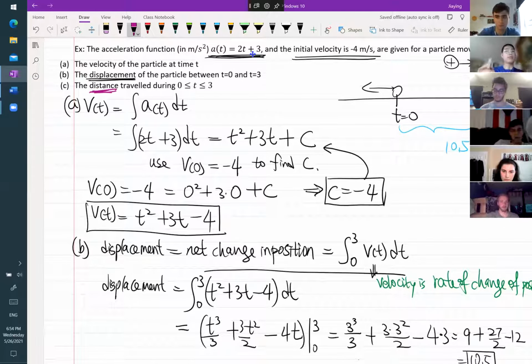But perhaps at some point it's going to go left and then turn around and go right. So it doesn't always go in the left direction.